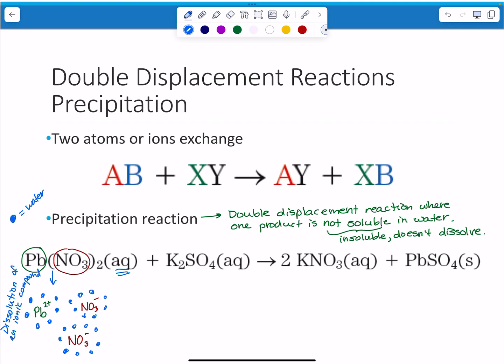And just for reference, a covalent compound, I'm just going to draw a sugar molecule like this. And it doesn't matter what sugar this is. When I take that and put it into water, it's going to stay the same. It's not going to break up. Its chemical structure is going to look the same.